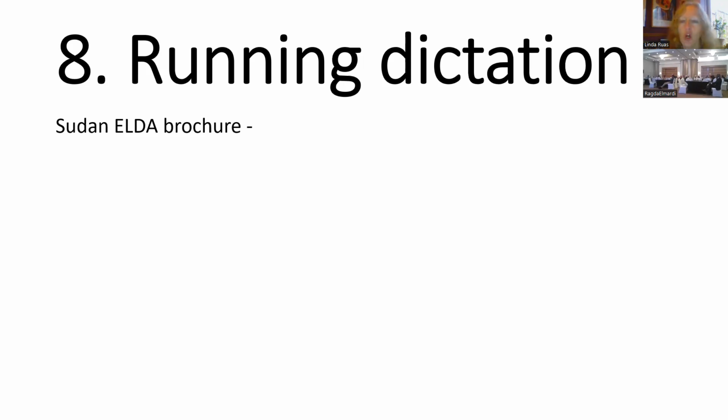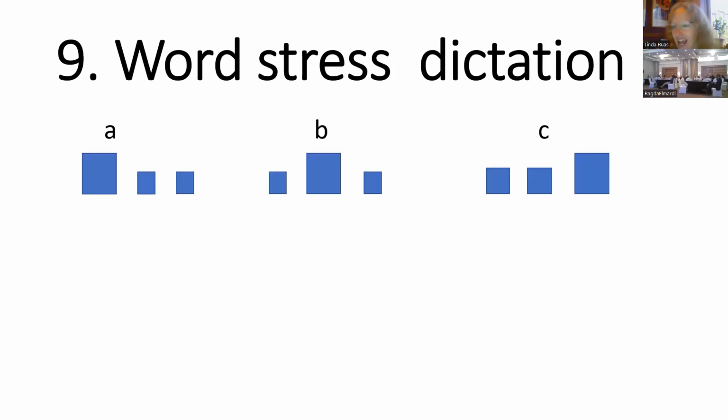Okay, we just have 2 more. The next one is word stress dictation. Did you know you could use dictations to practice pronunciation? So here are 3 columns. I would like you to write A, B, C at the top of 3 columns on your paper.